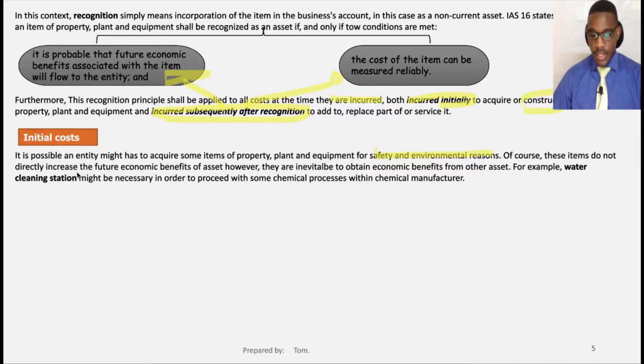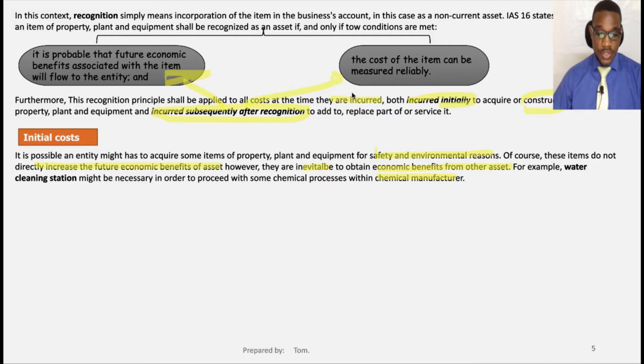Of course, these items do not directly increase the future economic benefit of assets. However, they are inevitable to obtain economic benefit from the other assets. For example, a water and cleaning station might be necessary in order to proceed with some chemical process within chemical manufacturing.